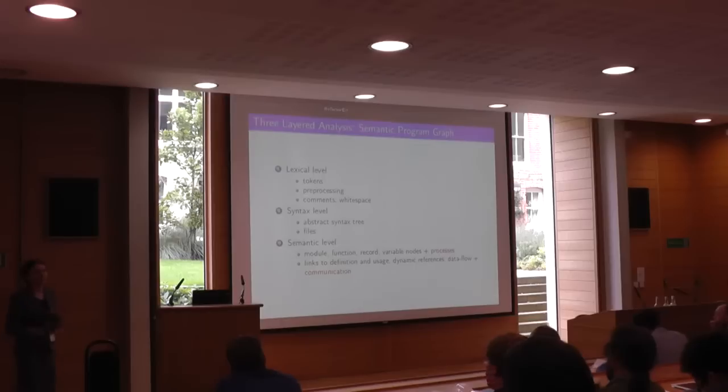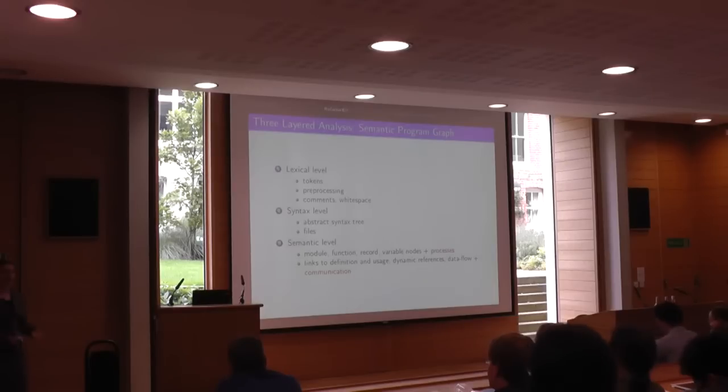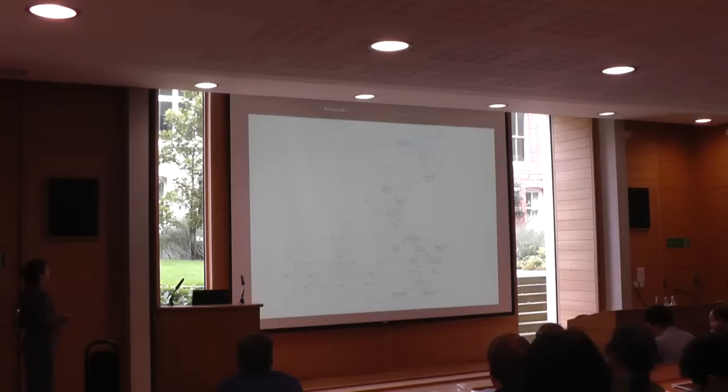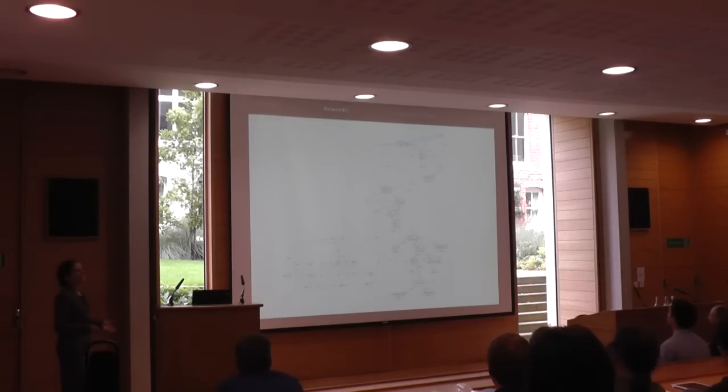Just the simple ones, but there is also, for example, data flow information or dynamic information in the semantic level. And now we want to extend it with process information also. Here's an example graph. It's just for 3 Erlang lines. So you can imagine that it's a huge graph.